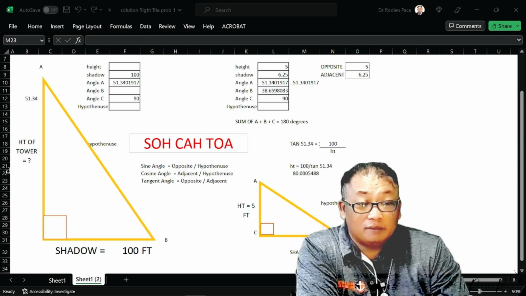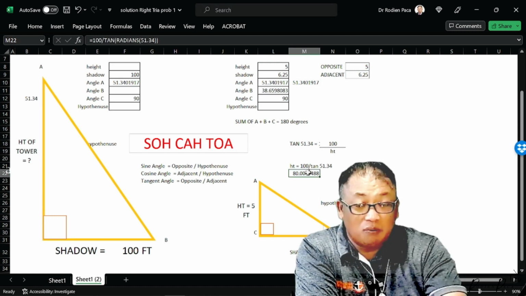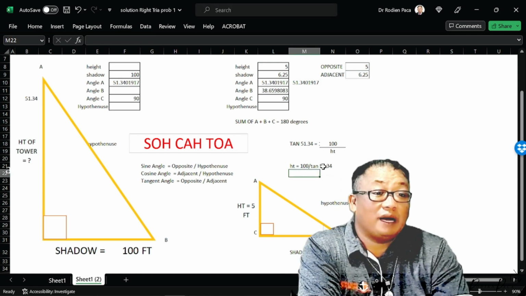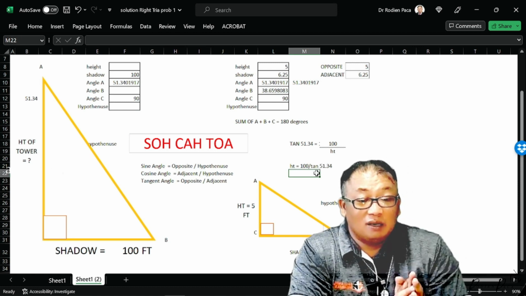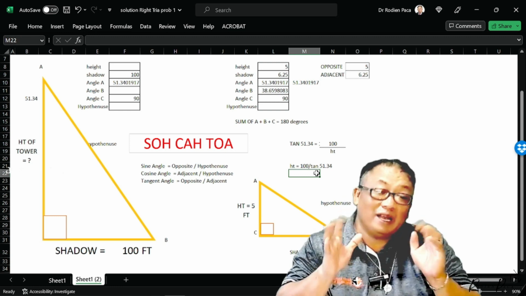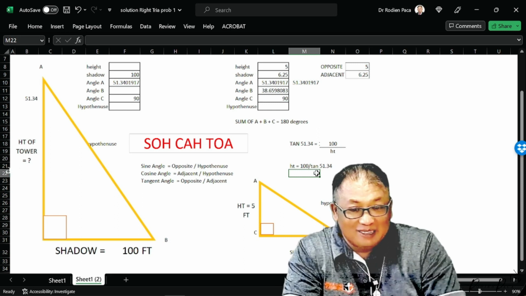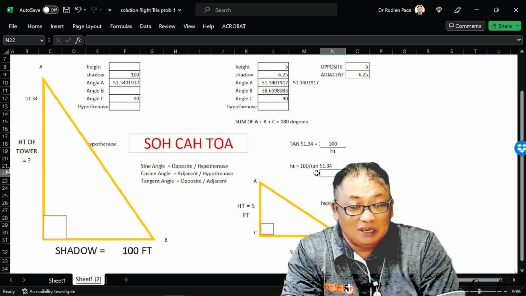Okay, so stop. As I told you, the height of the tower can be solved by this solution, which is 100 over tangent 51.34. Now, we're going to solve how we make tangent 51.34 in Excel. It's very easy.